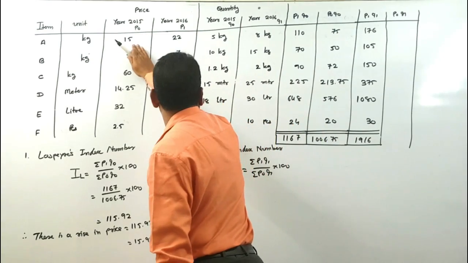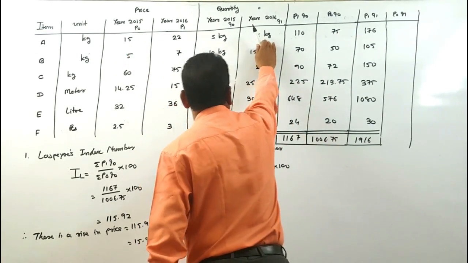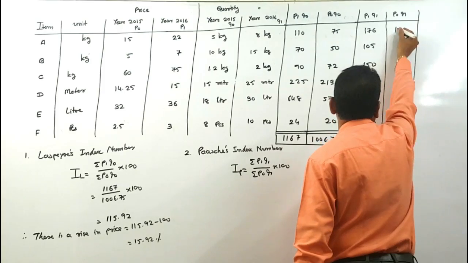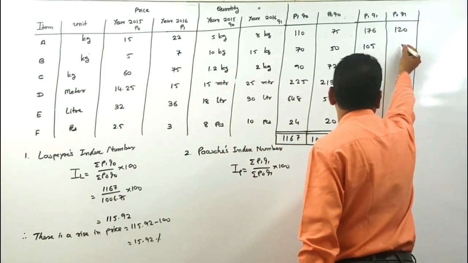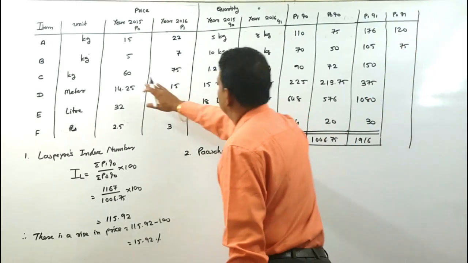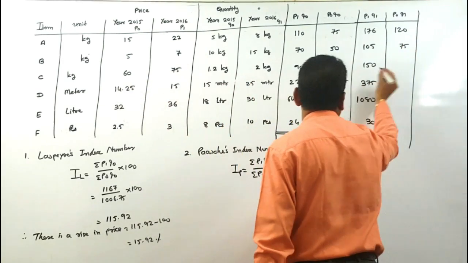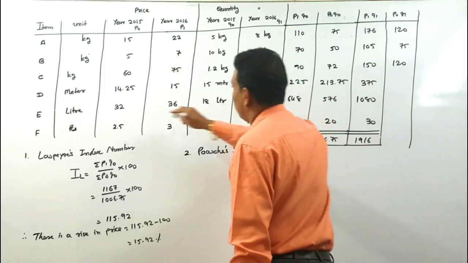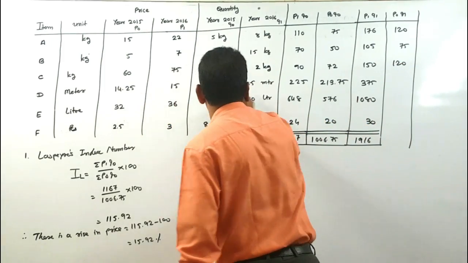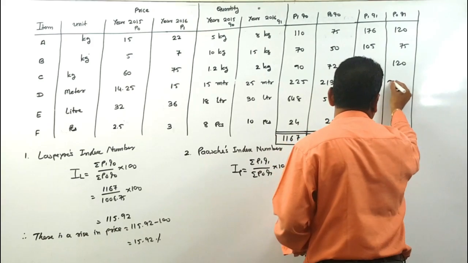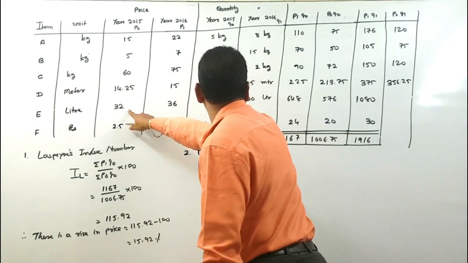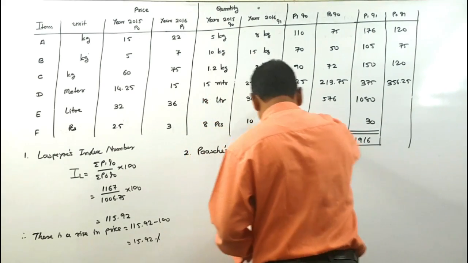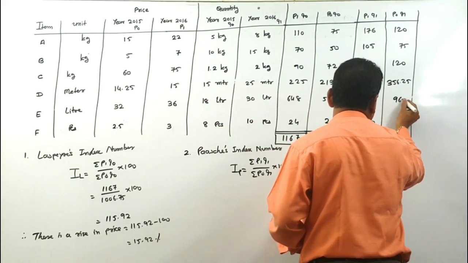Now the last column to be prepared is P0 Q1. So P0 here we have and Q1 here we have. 15 into 8 is 120. 5 into 15, it is 75. 60 into 2, it is 120. 14.25 into 25 is 356.25. 32 into 30, it is 960.